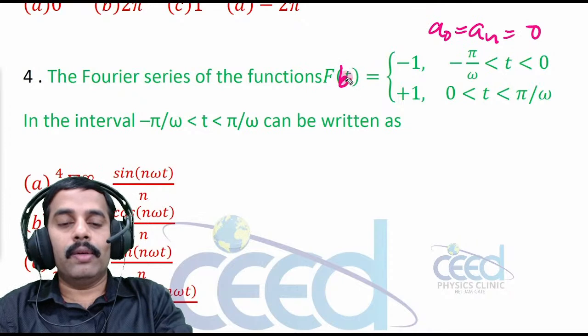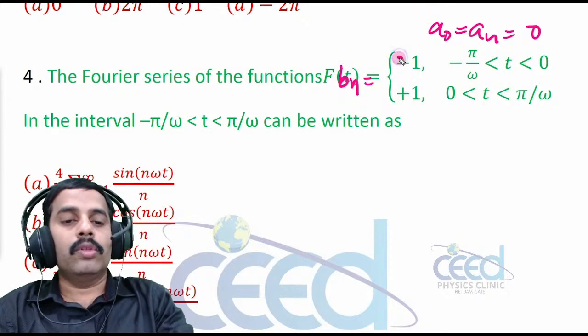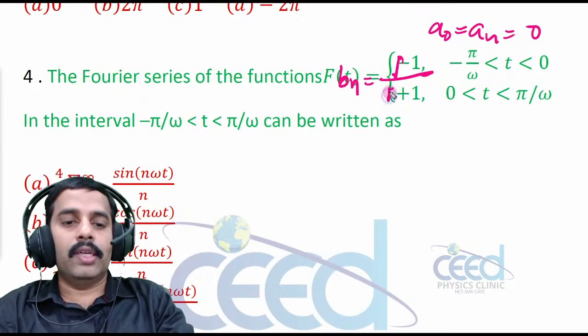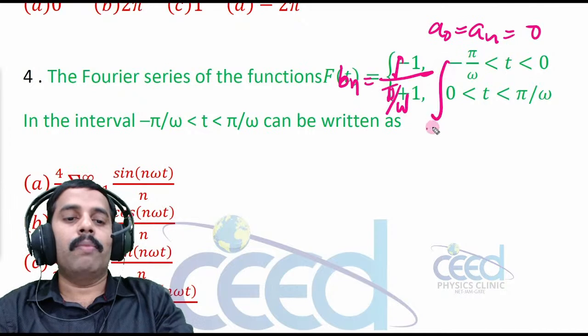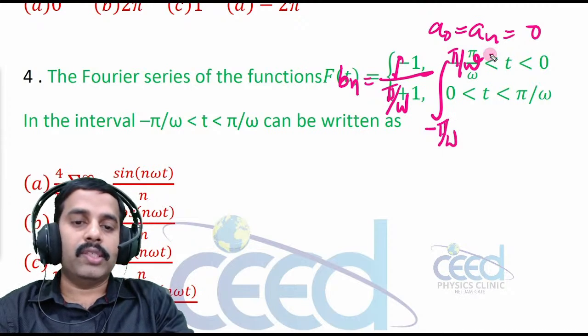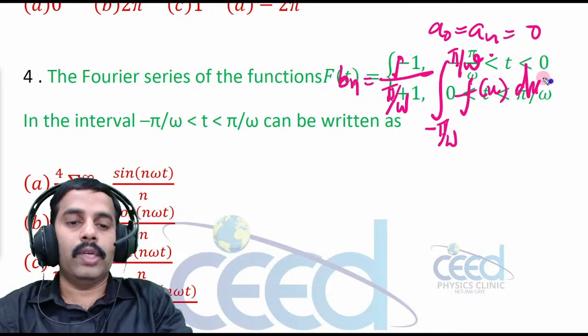So what is bn? Bn is defined as 1 by, so here the interval is pi by omega, right? So in the interval minus pi by omega to pi by omega, f of x dx, right? What is f of x? F of x we can split into two intervals.